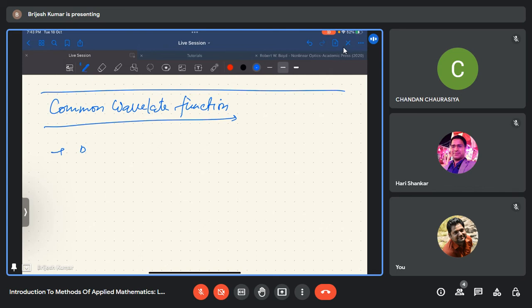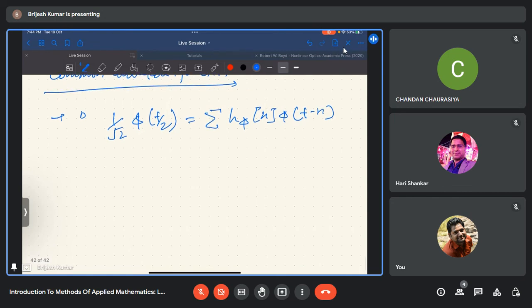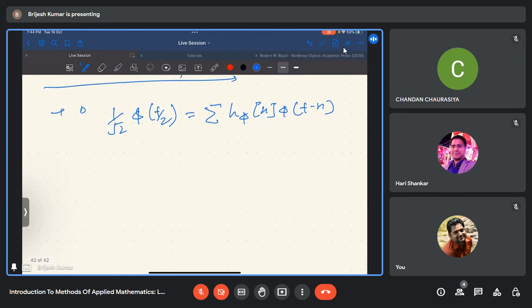In the scaling equation, 1 by 2 phi of t by 2 is equal to the summation of h n phi of t minus n. If we take the Fourier transform, on the other equation we can write 2 psi of t by 2.